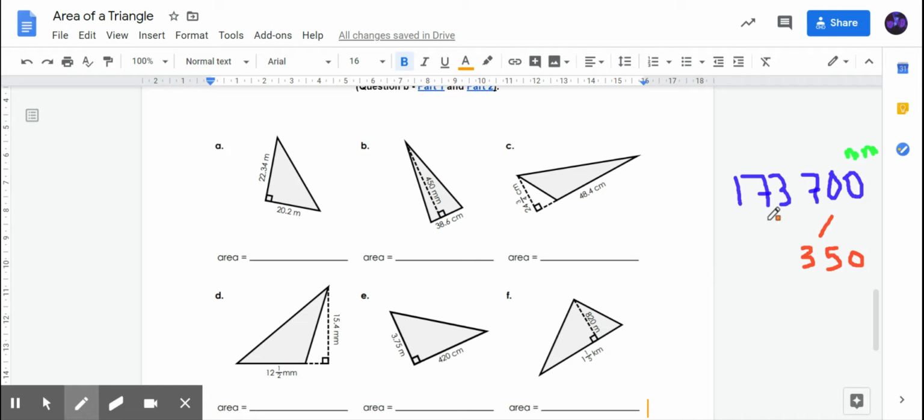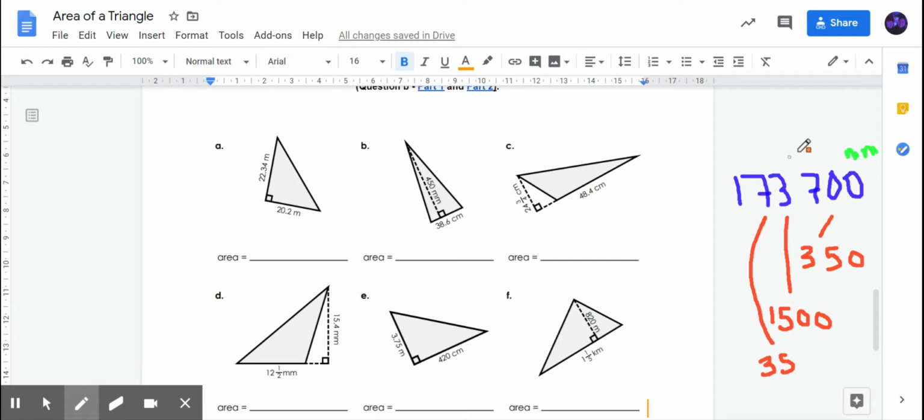All right. My next step will be to divide 173 by 2. Oh, well, this is a bit trickier. 3,000 divided by 2 would be 1,500. 70,000 divided by 2 will be, well, half of 6 is 3, so it'll be 30,000.